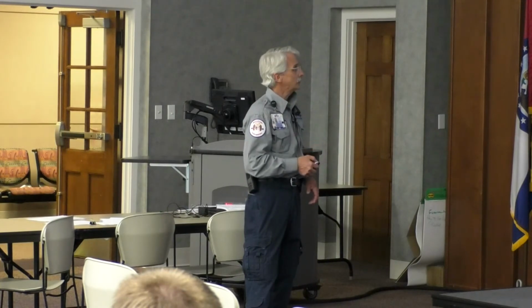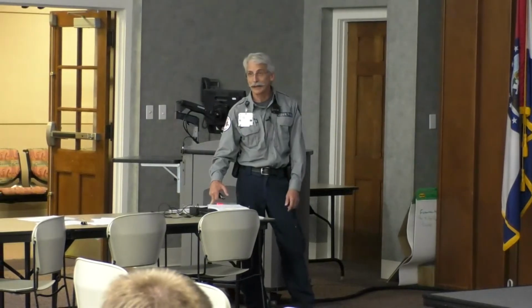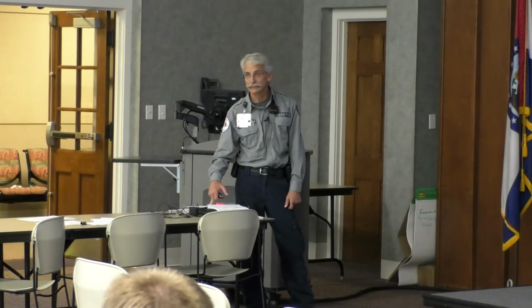What's the rate on this one? Let's see, 300, 150, 100, 75, about 75, 76. Okay? Well, it's actually 71, according to them, but I got in the neighborhood of 75.